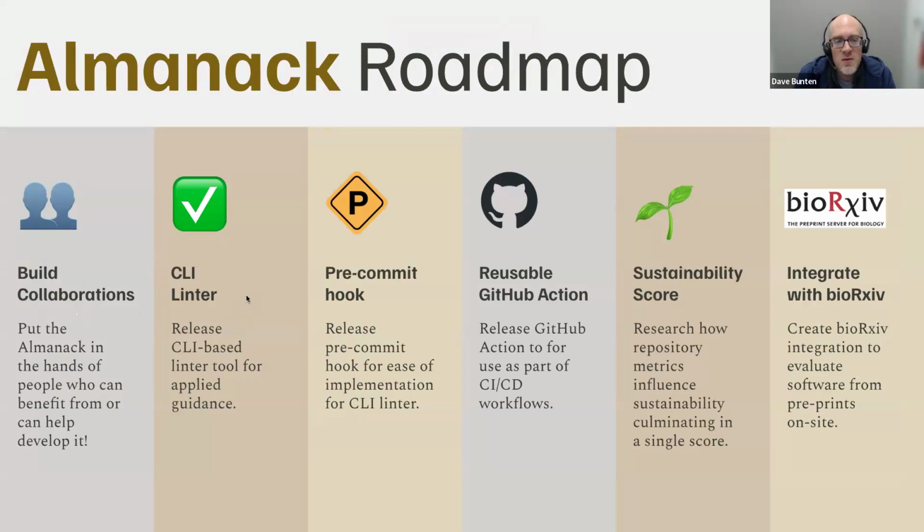We also would like to continue the efforts around the CLI linter. So we're planning to release the CLI-based linter, which is just released as of this weekend. So that's pretty new. We'd like to further that development with a pre-commit hook that allows you to easily install the CLI-based linter within your project without having to include the Almanack as part of your software environment, and also making it even easier for somebody to avoid potential problems before they commit.